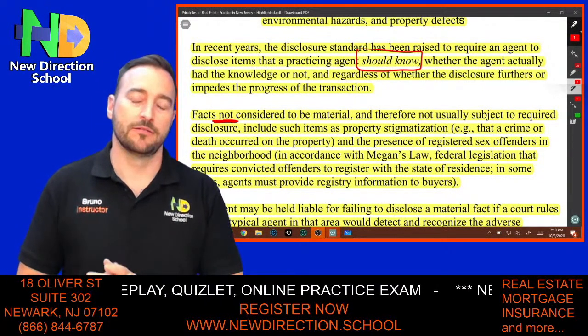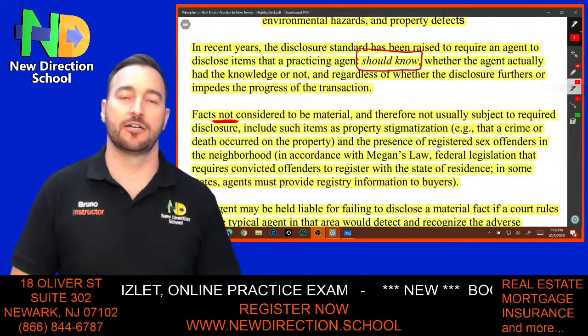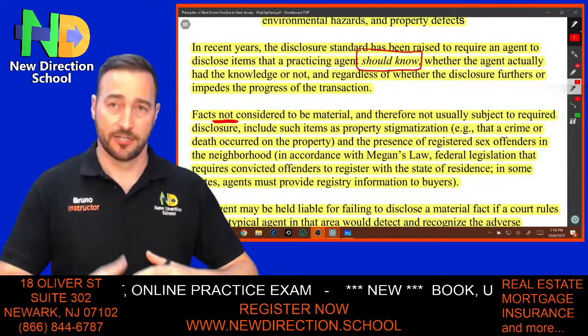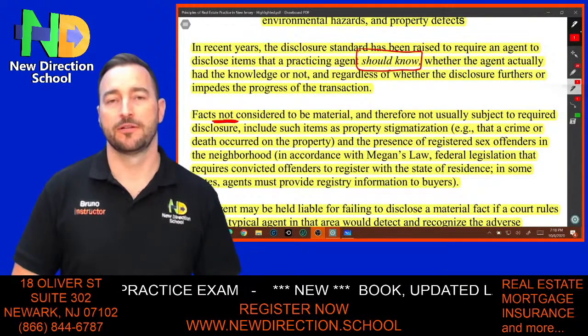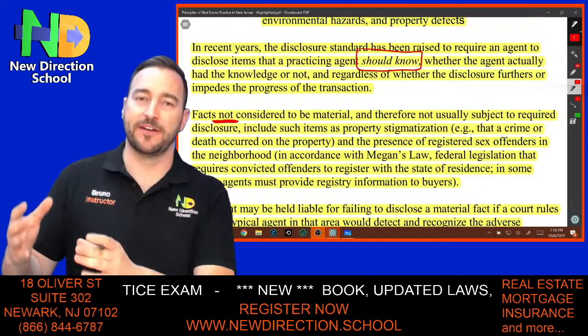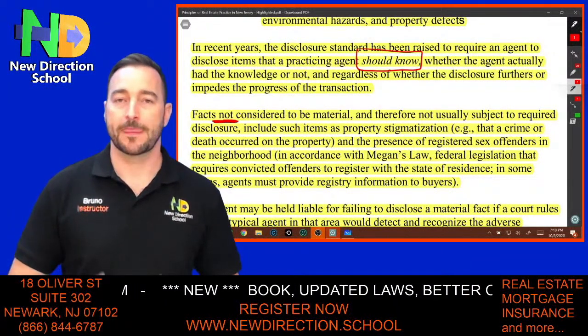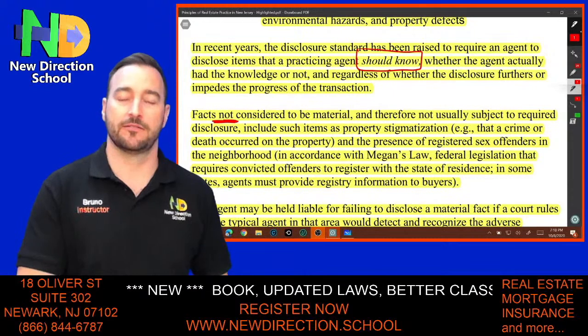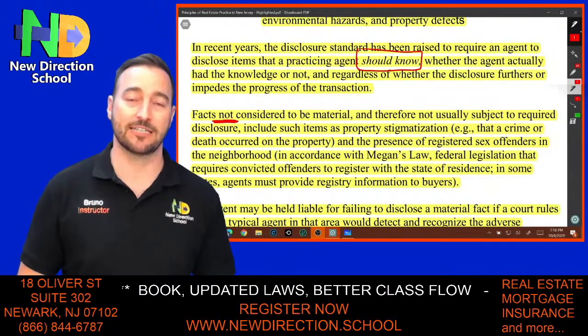The next one, it might affect a few people. This is a law that was enacted in New Jersey, and then most states took after this law, which is Megan's Law. Sex offenders. How do sex offenders affect the value of the house? They might affect the community, and it might affect you. Again, like somebody that died in the house. But the value of the house does not change.